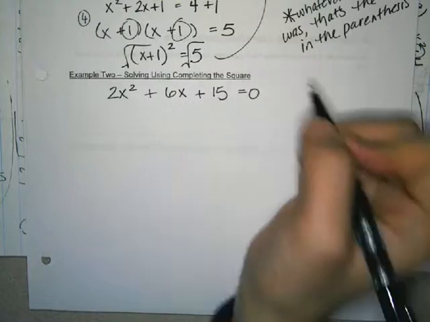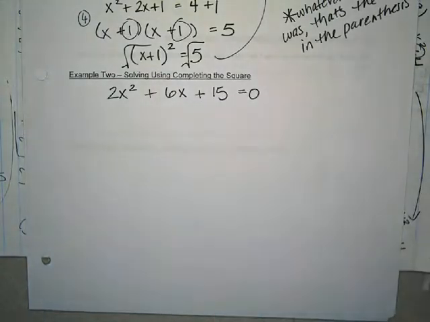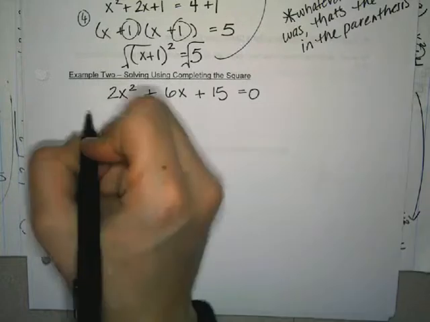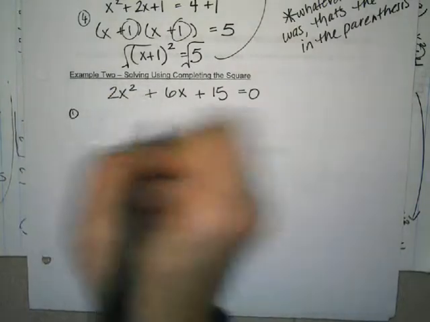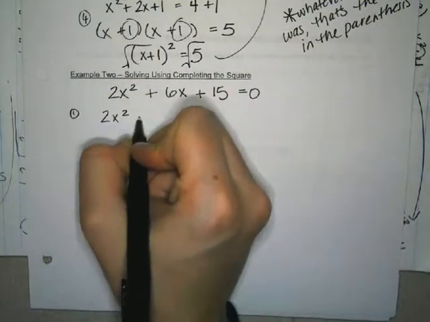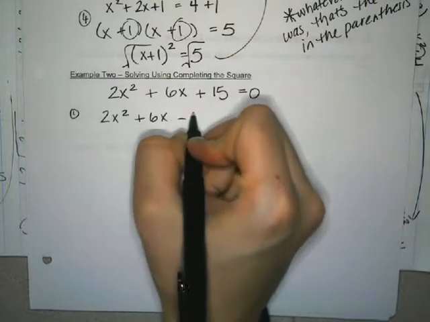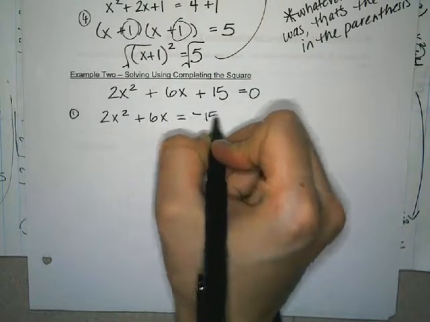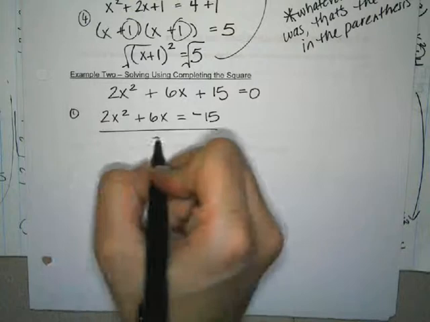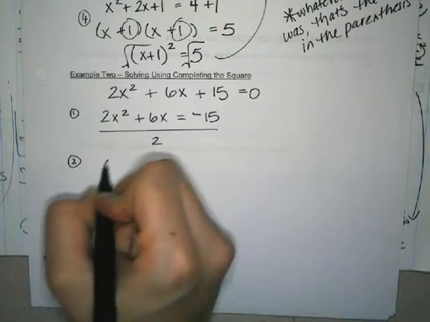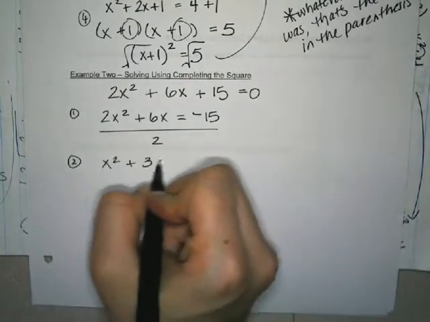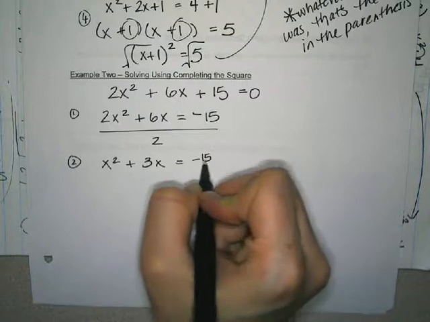We're going to use completing the square here to solve this. First step, move c to the other side. Then we're going to divide everything by 2. So we get x squared plus 3x equals negative 15 halves.